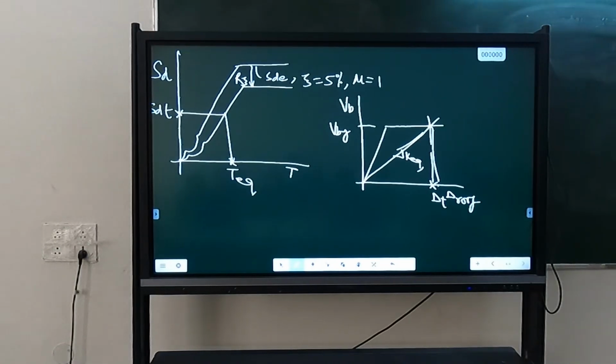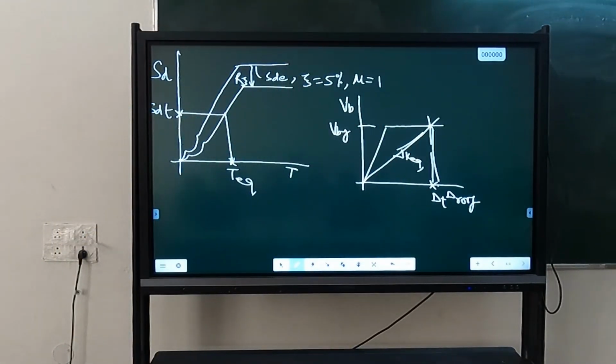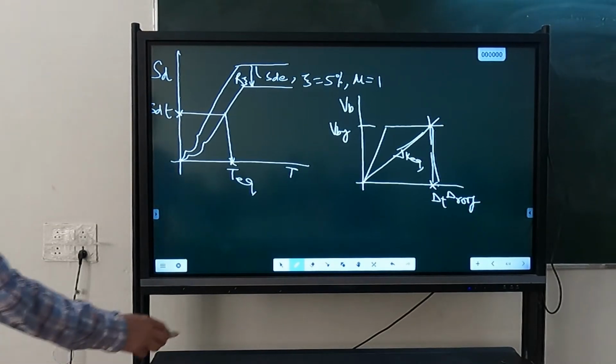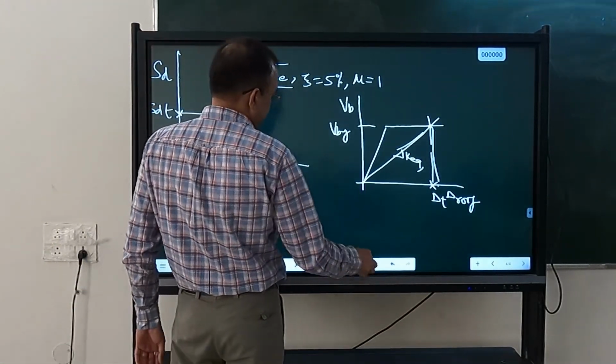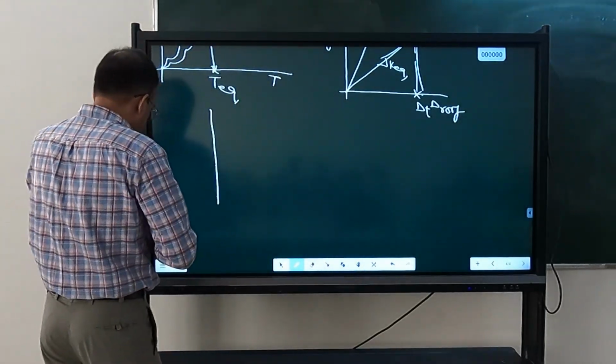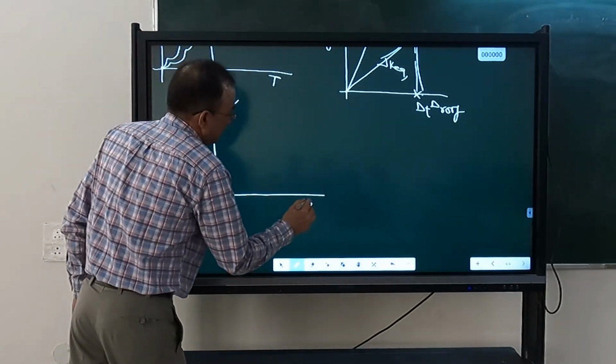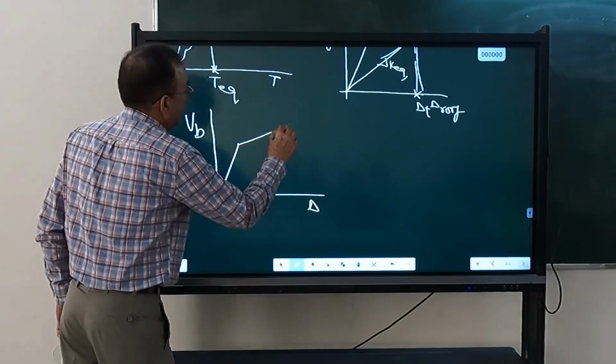If alpha is non-zero, then also you can do, but in that case you should know the value of alpha. Then you can calculate VBY then also, but you should know the value of alpha, the post yield stiffness. So if you recall, if the curve post yield is not flat, it is like this.